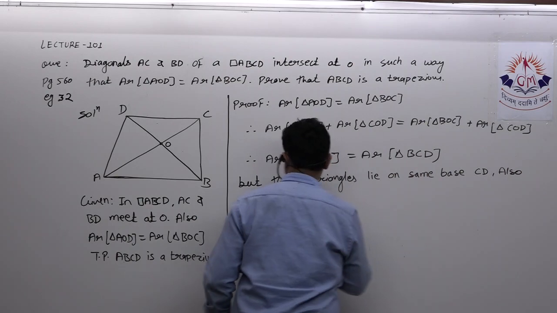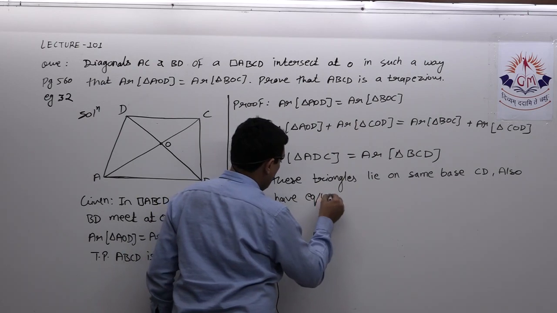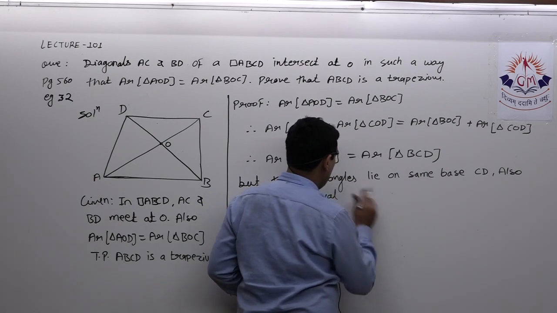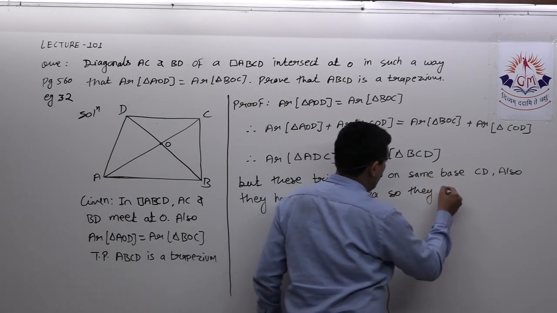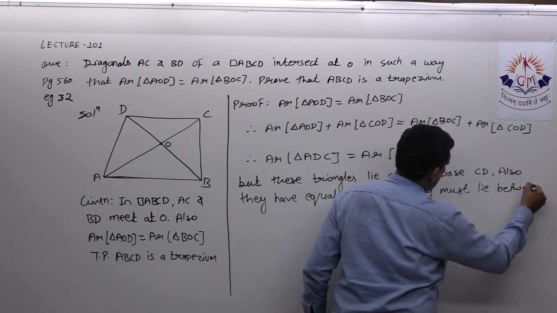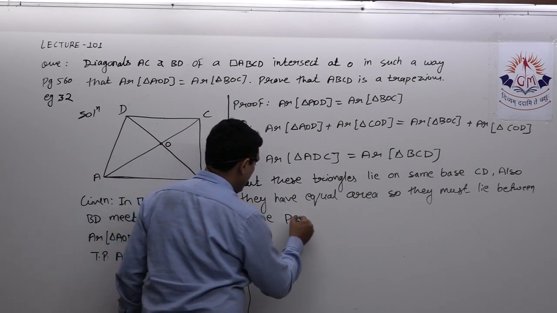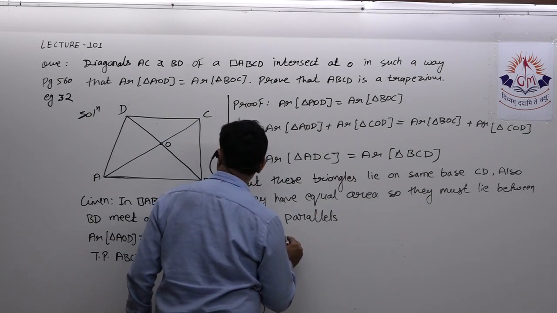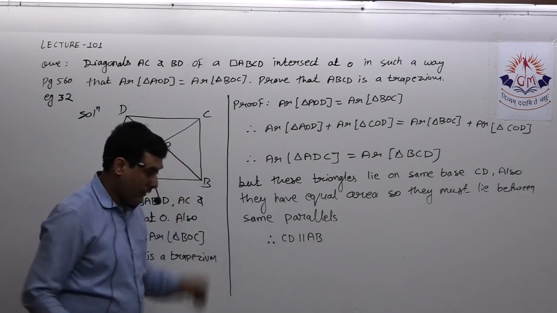Also they have equal area, so they must lie between the same parallels. Therefore I can say CD parallel AB.